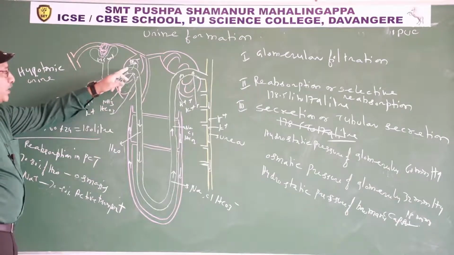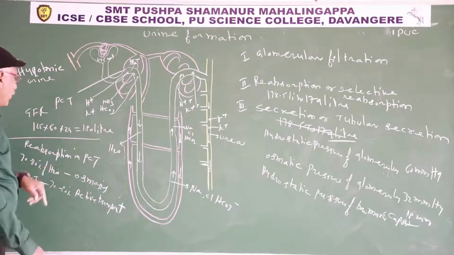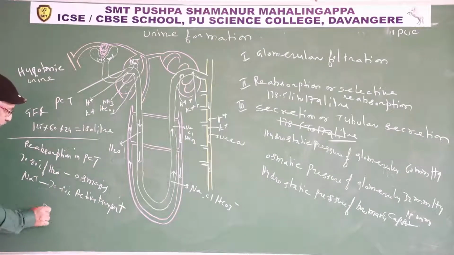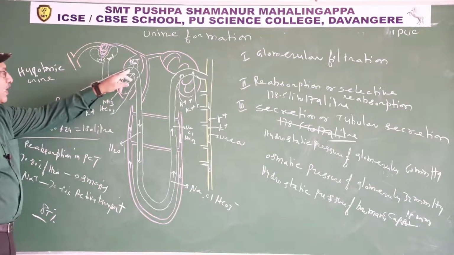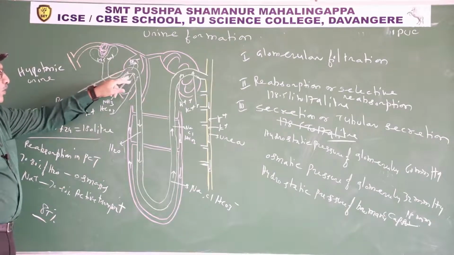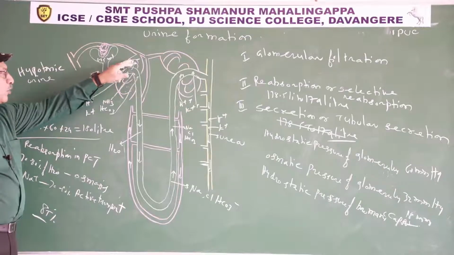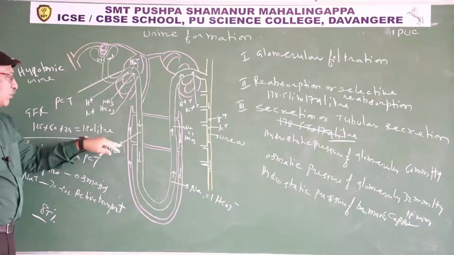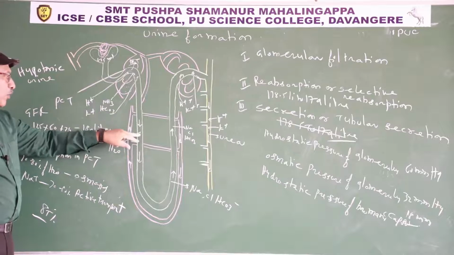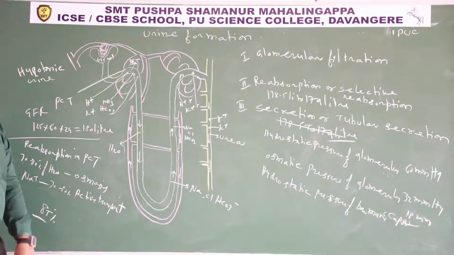At that time 15% water is reabsorbed while passing through the descending limb of loop of Henle. So due to loss of water, what happens? Concentration increases. Hypertonic urine is formed in the descending limb of loop of Henle.